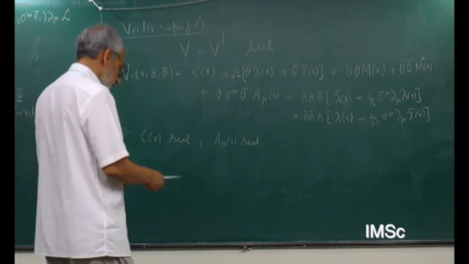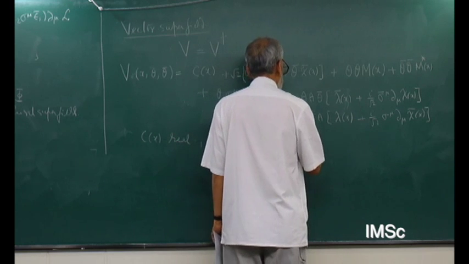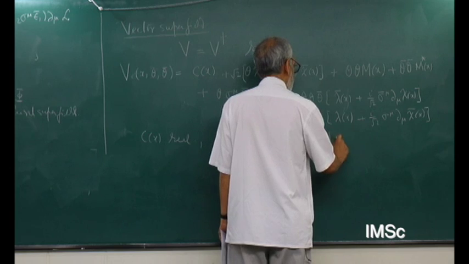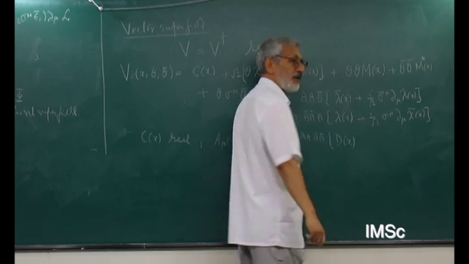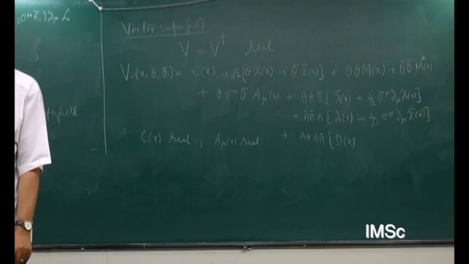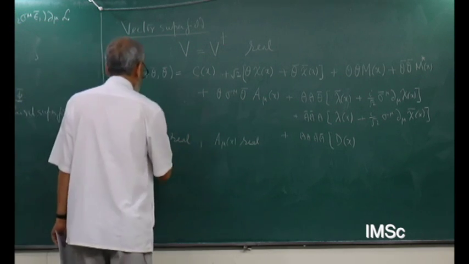That takes care of 3 thetas, and next is the 4 thetas. Theta, theta, theta bar, theta bar, and 4 theta we always call a D term, so give a symbol D to it. Now again, this is real, so Dx is real.